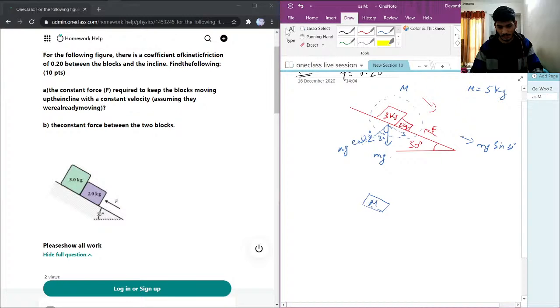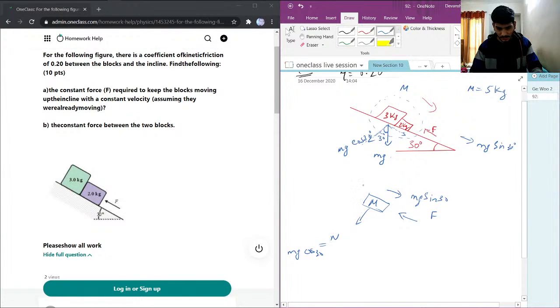So this was capital M, this was normal force, which is M g cos 30. This is the force in the direction of M g sin 30, which is in the opposite direction of this parallel.